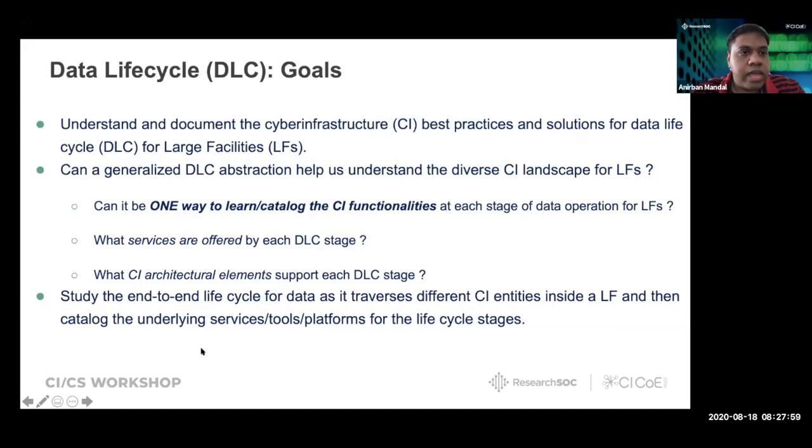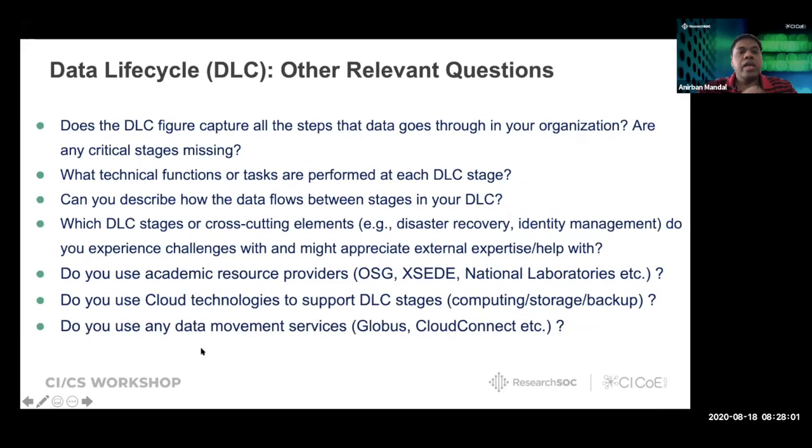So let me ask: do any of the participants, I know the answer for Gates, but are there any other participants who are thinking about using cloud resources for doing parts of the operations of their scientific facilities?